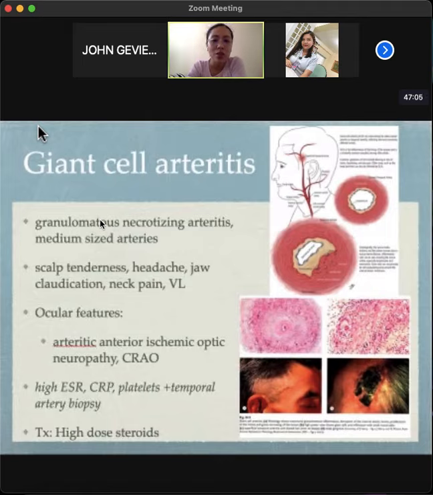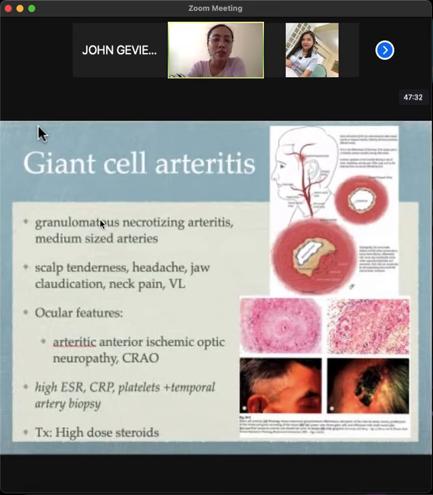What type of acute ocular ischemia in GCA? Arteritic ischemic optic neuropathy. So, for non-arteritic, usually it's disc at risk or the hypertensive and diabetic. So, in GCA, usually elderly patients, more than 70 years old.